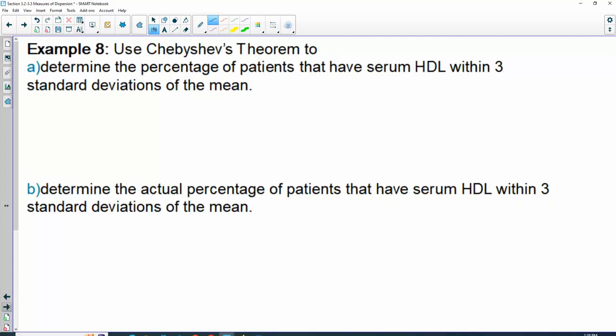So for instance, if I said, nope, that didn't look bell-shaped enough, and I wanted to use Chebyshev's theorem to approximate within 3 standard deviations, it's just 1 minus 1 over k squared. K is the number of standard deviations.